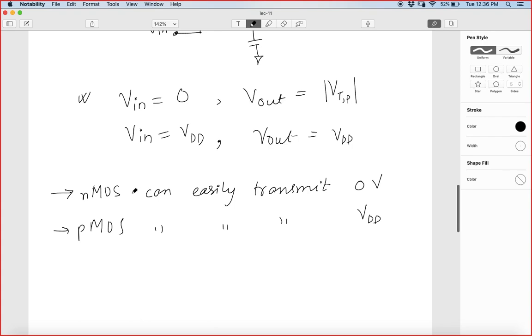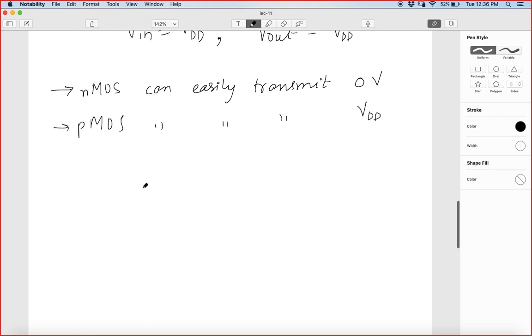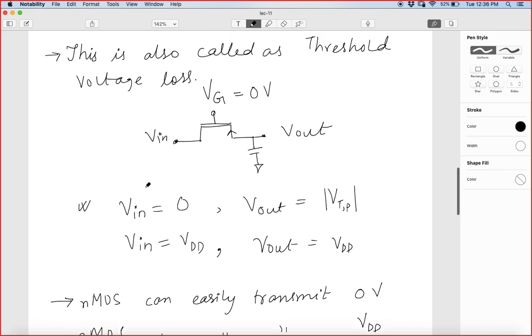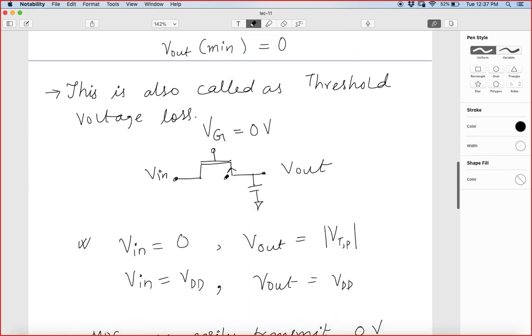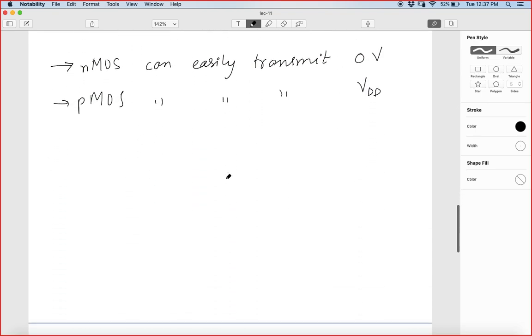So we have to transmit 0 volt whenever the Vin is 0, and VDD whenever the Vin is VDD. That's why we need the combination of both. If we combine these two, it will lead to a transmission gate like that.